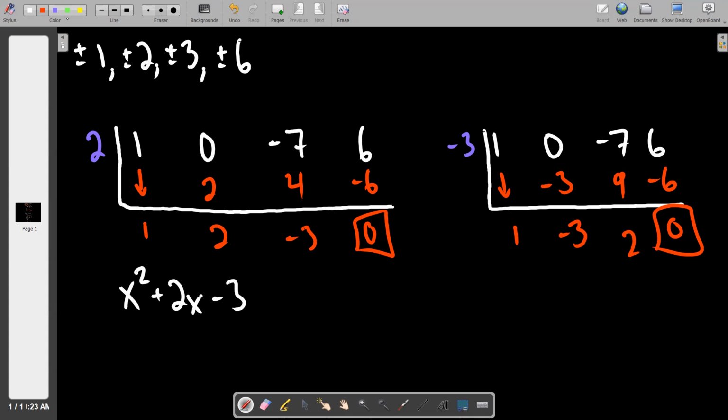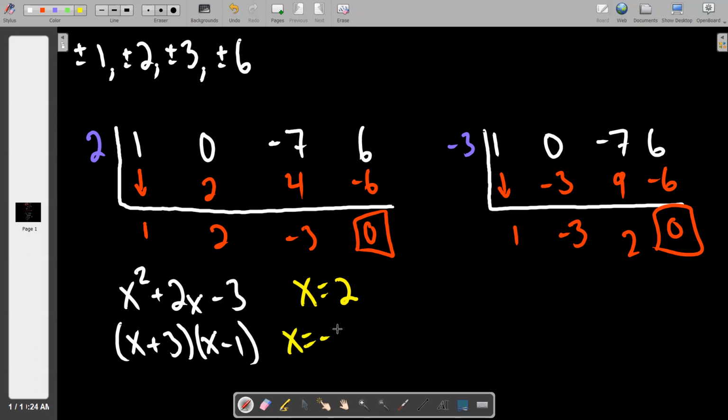If I do it Sutter's way, the first answer that I found is x equals 2, right? And then I factor down his polynomial into x plus 3 times x minus 1, and I find from there the other two answers, x equals -3 and x equals 1. Rad. But if I do the Christian method where I find the -3, which one I stumble upon first, I'm just happy I found one.